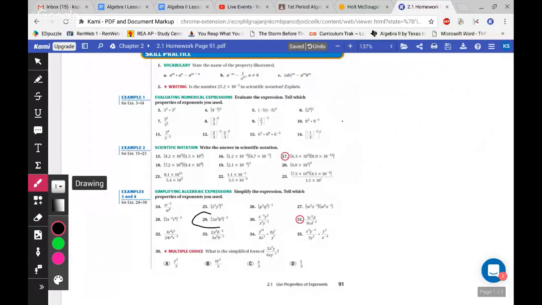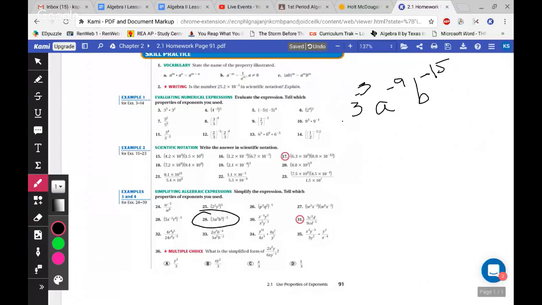29. Once again, we're going to use the power of a product. So we've got 3 raised to the -3rd. We've got A, and then that's going to be 3 times -3, so that's going to be -9. And then B, we've got 5 times a negative 3, which is going to be negative 15.